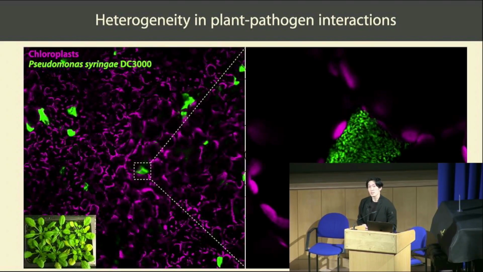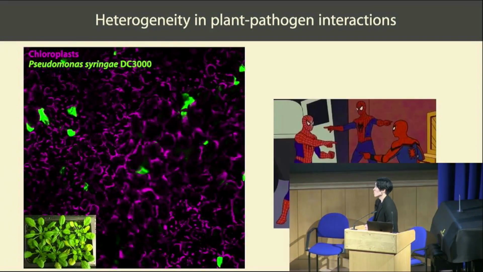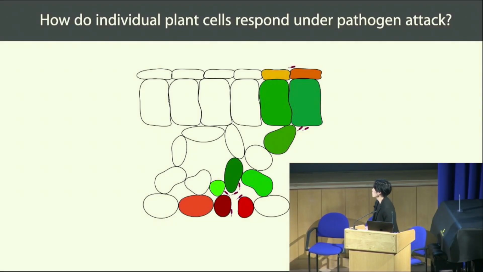And this creates a critical problem of who does what in the face of pathogen infection. It's quite fascinating thinking about how individual plant cells make decisions and coordinate with each other to deploy a successful immune response.